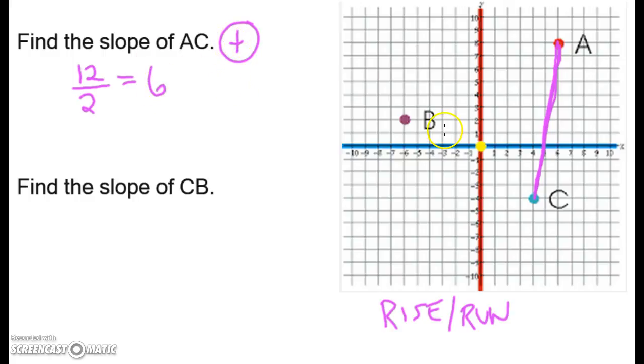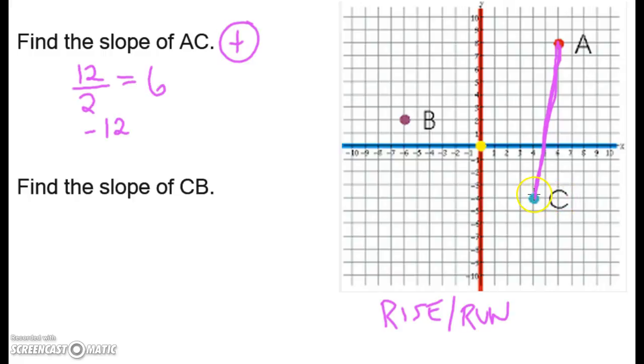Now, some people are like, oh, but if I counted it the other way, it would have been negative if you had gone from A to C. Well, let's look at it. If we go from A to C, the first thing we do is we have to go down 12. Well, when you're going down, it's negative. So I would call that a negative 12. But then when you get from here and you're trying to go to C, you're going backwards.